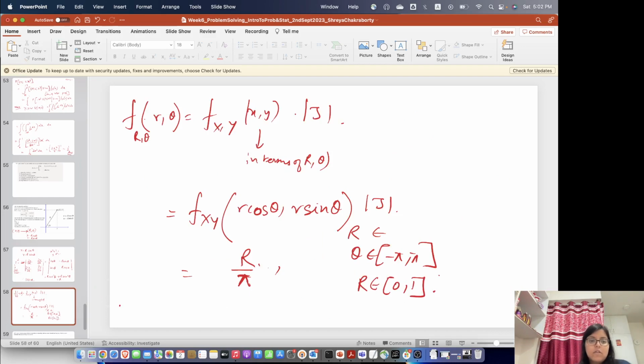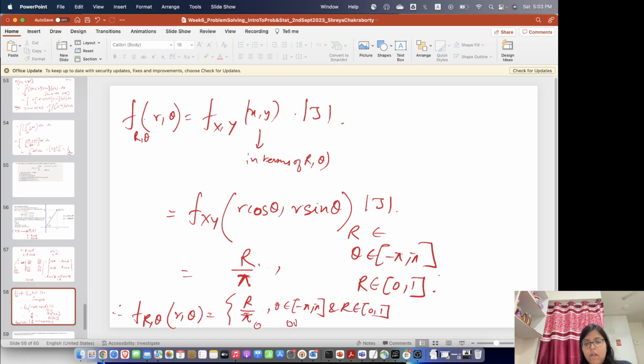Okay, so therefore f(r, theta) will be r by pi, given theta belonging to minus pi to pi and r belonging to 0 to 1, and it will be 0 otherwise.